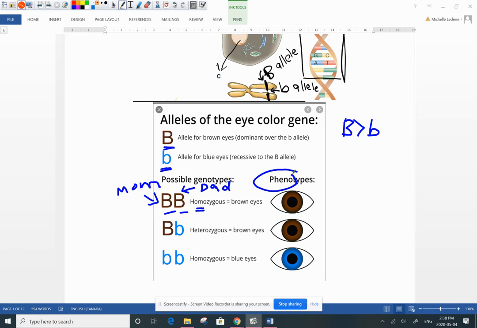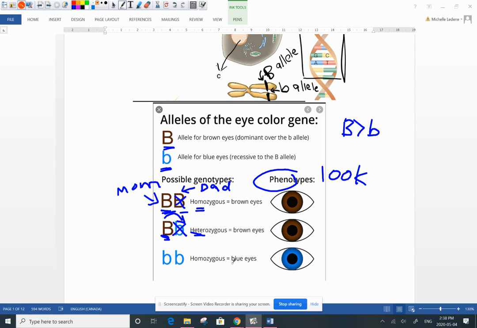And your phenotype, your physical appearance, what you look like, is going to have brown eyes. Now, as long as you have one big B, you get the brown eyes, right? Because it's dominant. It doesn't matter what that second allele is. The dominant one overpowers it and overshadows it. It masks it. So you can be heterozygous. You can carry the little b allele, but you don't show blue eyes.